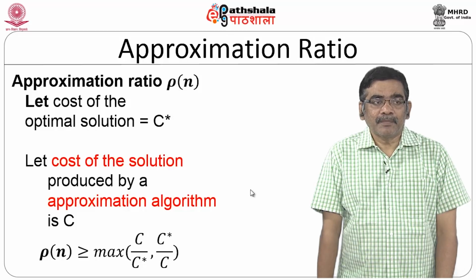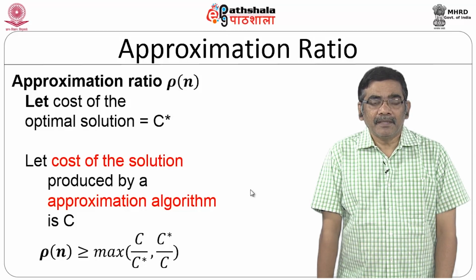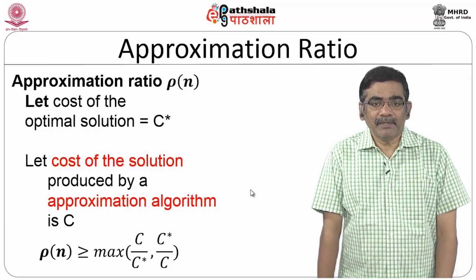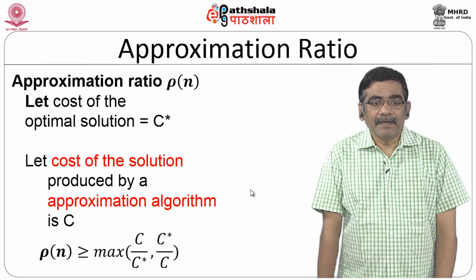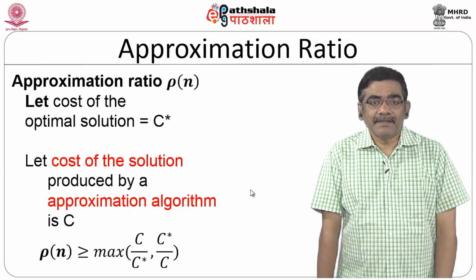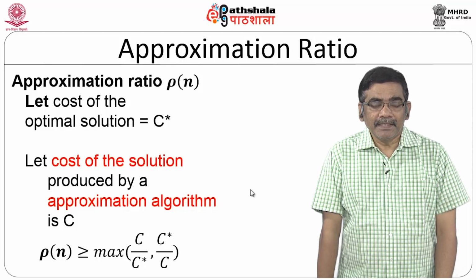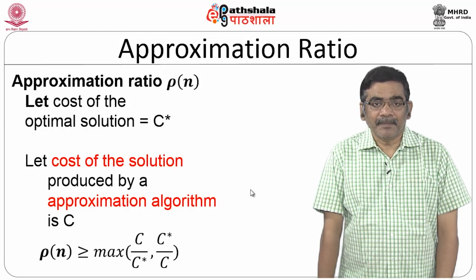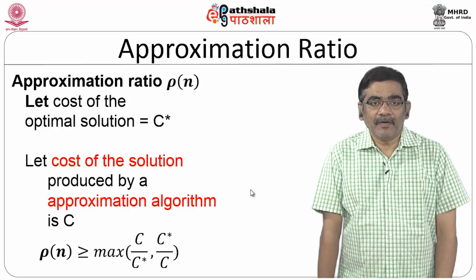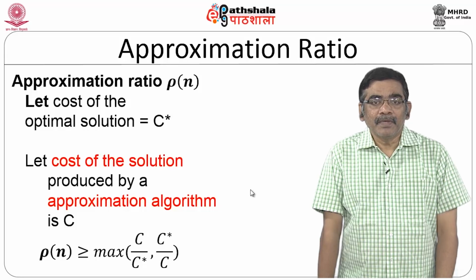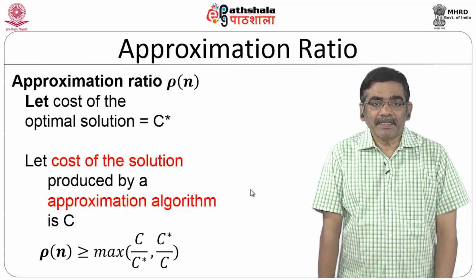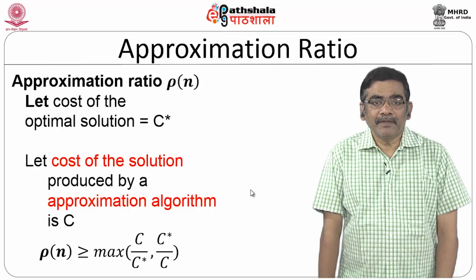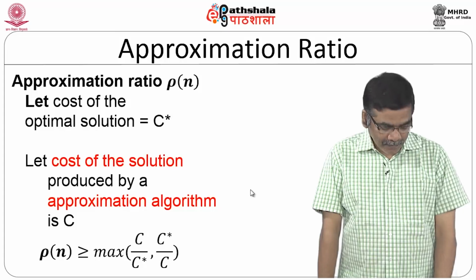In other words, if the actual optimal solution is found to be C*, and the cost of the solution generated by the algorithm A is C, then the approximation ratio is C by C* or C* divided by C. We take the maximum of these, which is used respectively for maximization and minimization problems, and this ratio is what we call the approximation ratio.